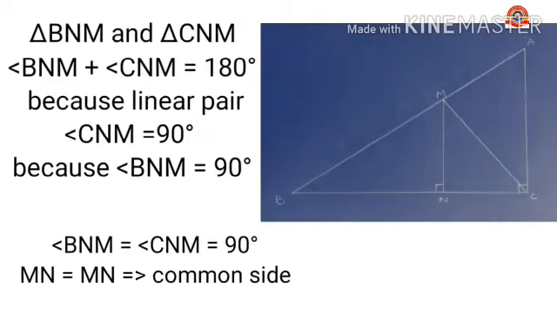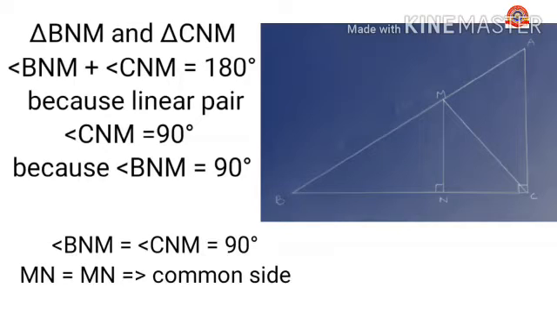That's all. In the second sub-question, we have to prove that the distance from the midpoint of the hypotenuse to all the vertices are equal. Consider triangle BNM and triangle CNM. Angle BNM plus angle CNM is equal to 180 degree because linear pair.